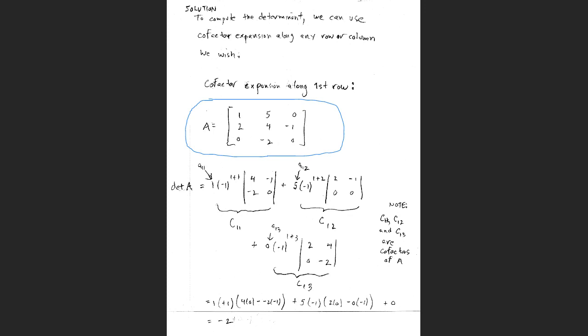What would be the easiest column to do cofactor expansion along? Which would be easiest to use for cofactor expansion?